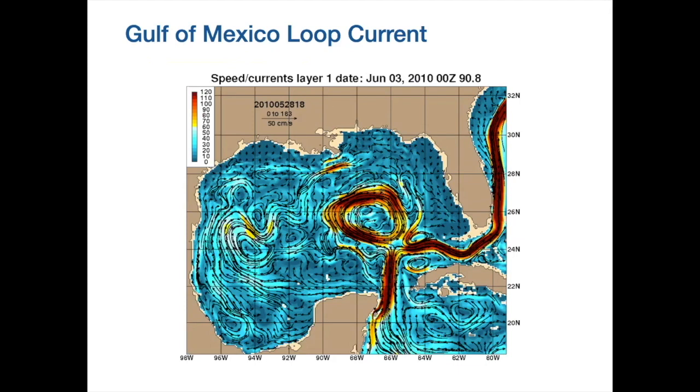You saw that while the eddy that pinched off early in the simulation was propagating across the Gulf of Mexico, the loop current was meandering around and it's now pinched off yet another eddy.